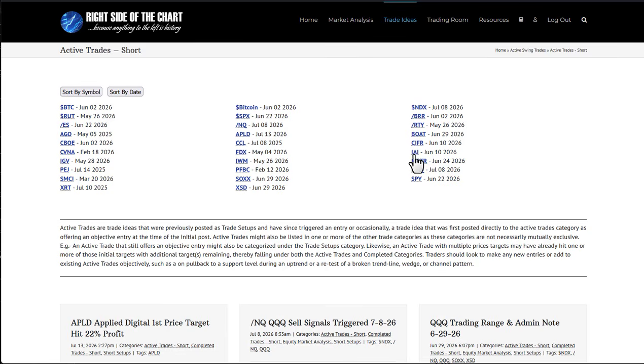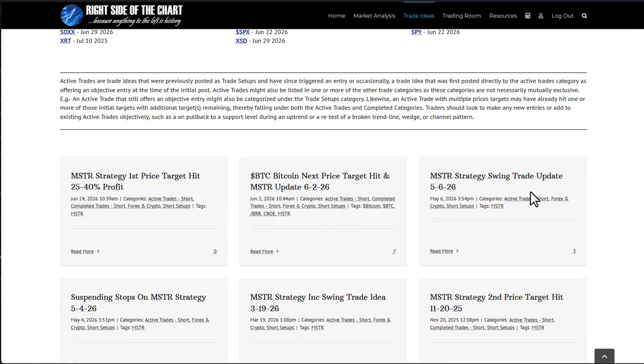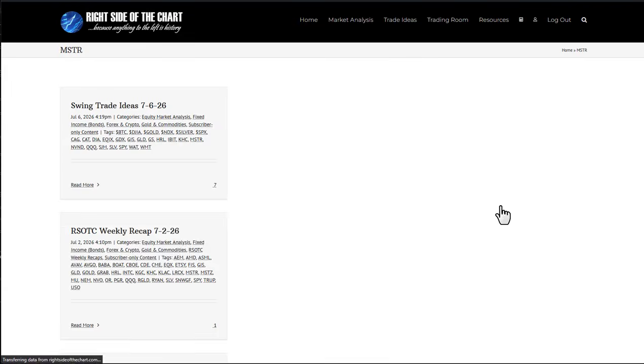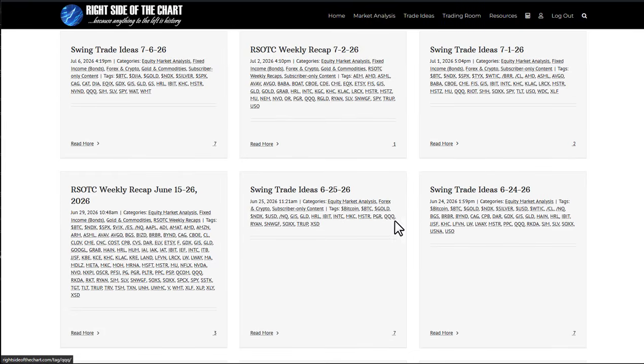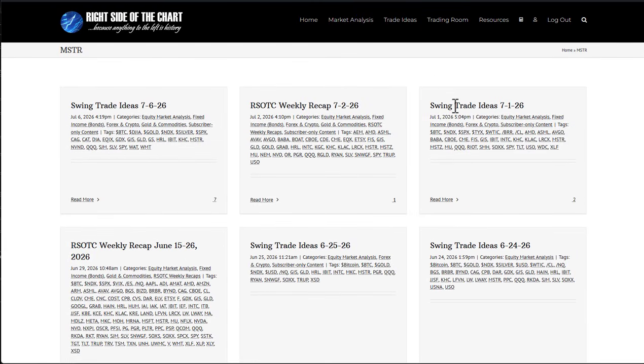Let me sort them by symbol. That's going to then just reference updates, particularly on MSTR on that trade, right? Whereas if you click on the ticker tag, it's going to load all coverage of strategy, including videos and weekly summaries in which it was covered along with other things in there.